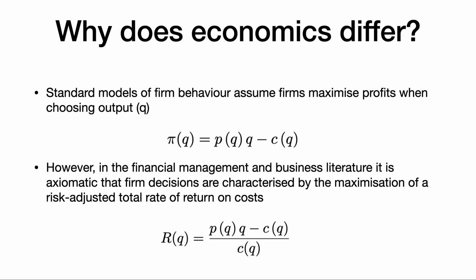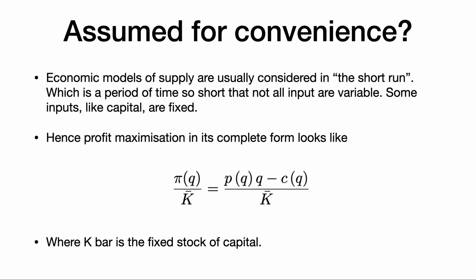So why don't economists account for those costs? And the answer is that the models usually assume this really weird thing called the short run, which is a period of time so short that not all inputs are variable. So some inputs, like capital, are fixed. So what you're actually doing looks more like maximizing the rate of return on whatever input is fixed.